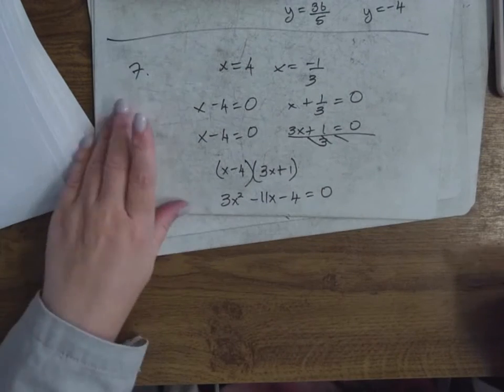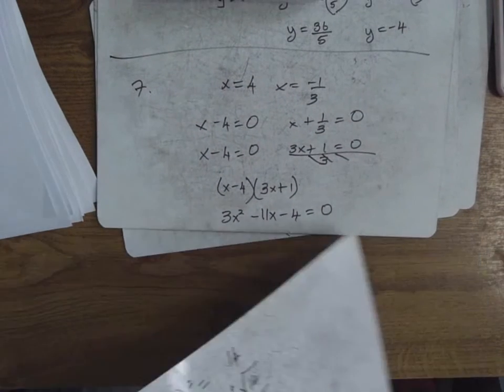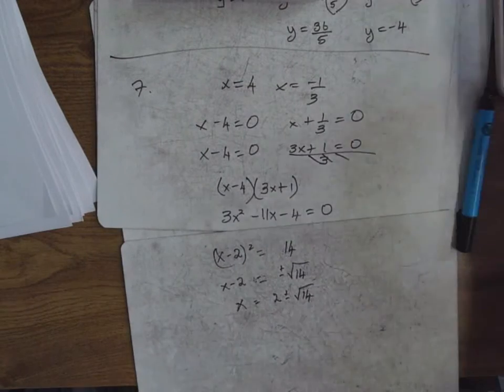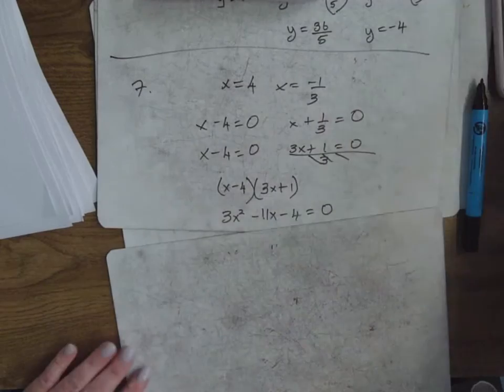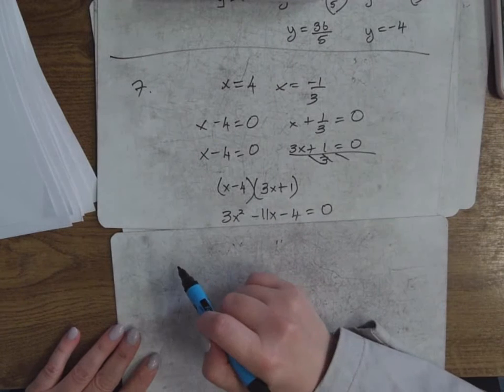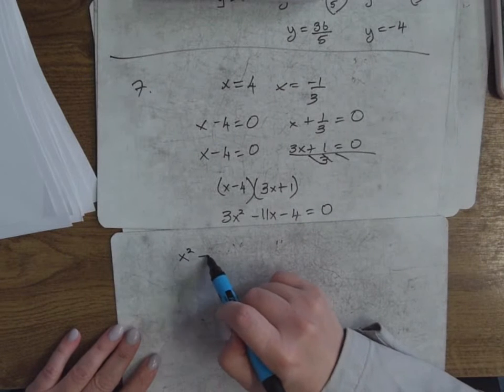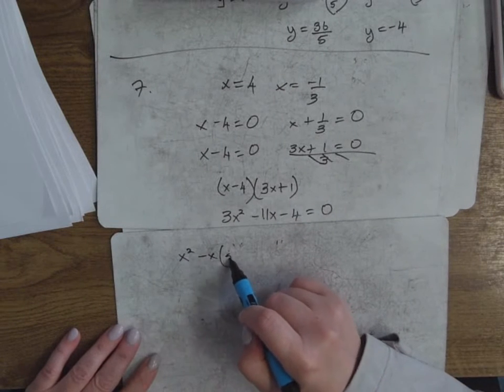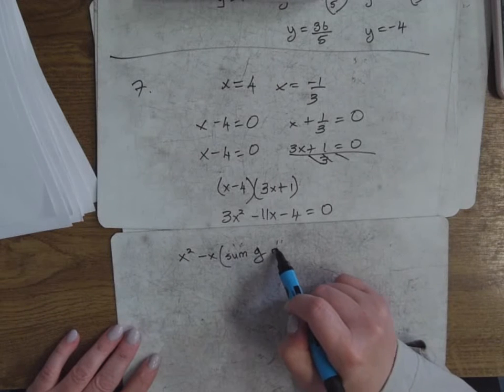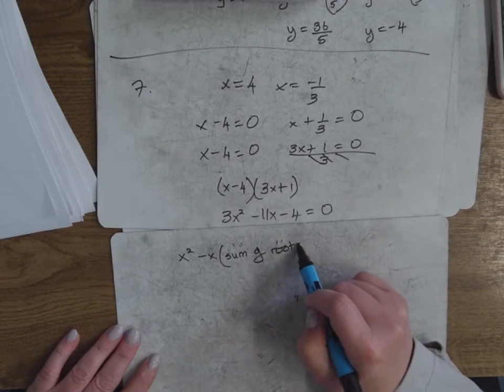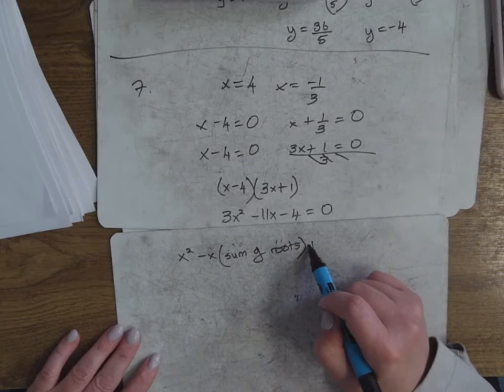Or we could use the formula. The formula is x squared minus x times the sum of the roots plus the product of the roots equals 0. So this is the shortcut.